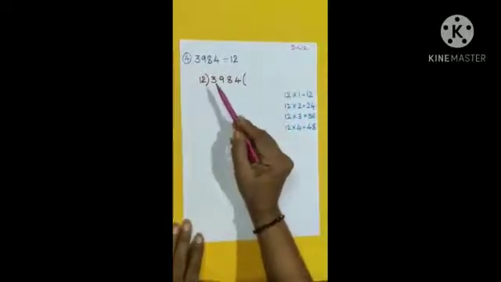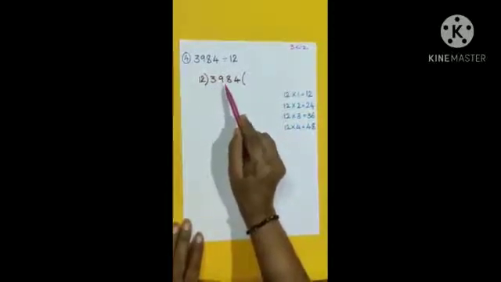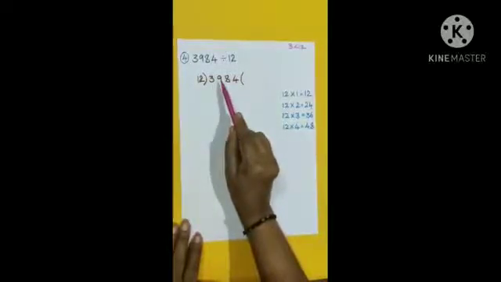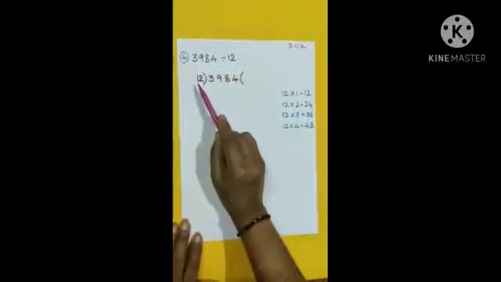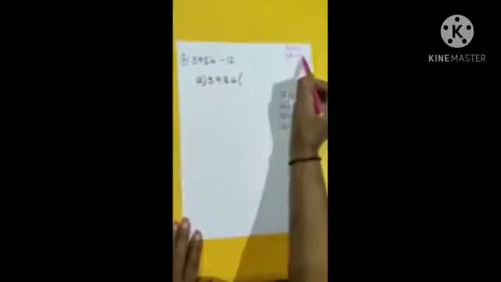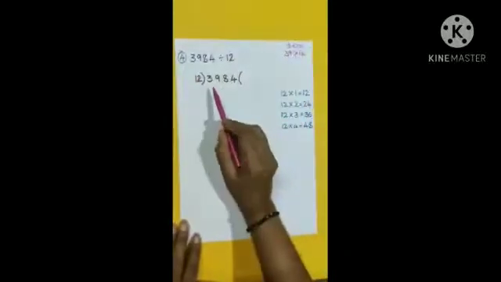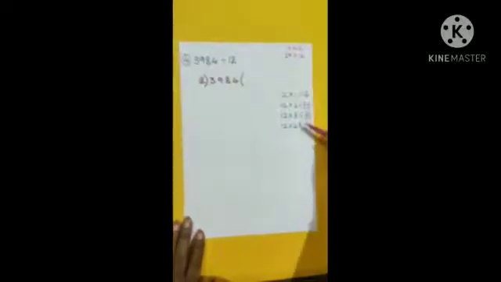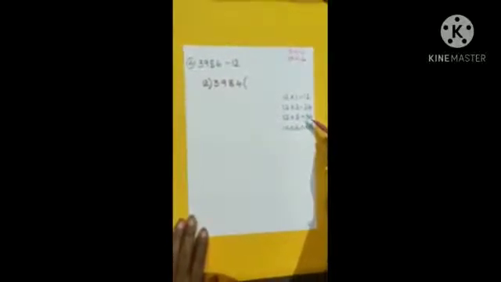So we have to consider the next hundreds place digit, that is 9. Now compare 39 with the divisor 12. 39 is greater than 12. And therefore we can divide 39 by 12. We use the table of 12 to find the product which is equal to and nearest to 39. 39 is nearest to 48 and 36.